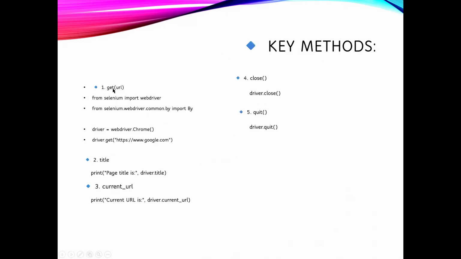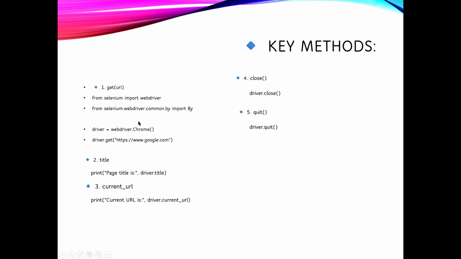This is the one, get of URL, and these two imports are mandatory: from selenium import webdriver, and from selenium.webdriver.common.by import By. This is for if you want to use any element locators; otherwise it's not required. You can simply use from selenium import webdriver and this code. Driver is equal to webdriver.Chrome, C is a capital, and driver.get of URL.